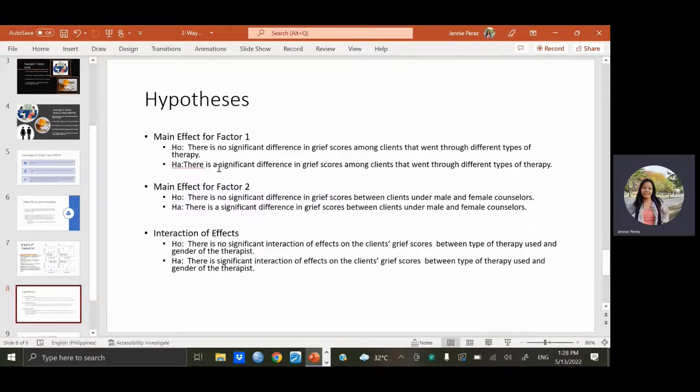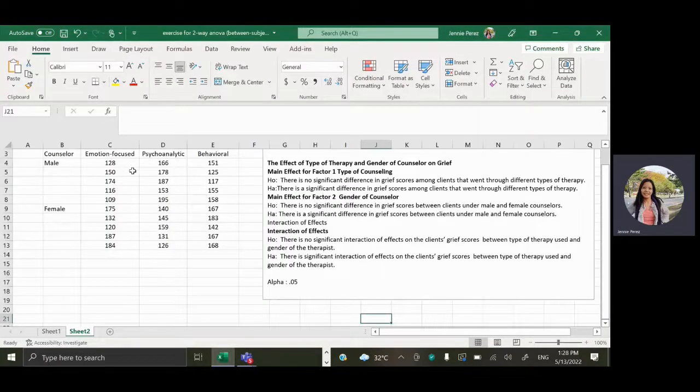So for the null hypothesis for factor 1, for example, I got here a study data set for the effects of the type of therapy used and the gender of the counselor on alleviation of grief among counseling clients.